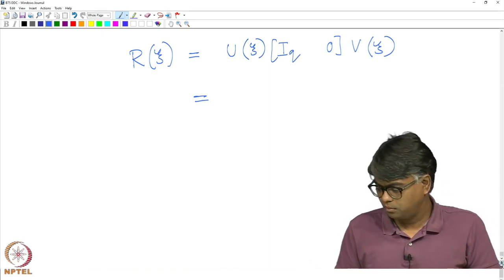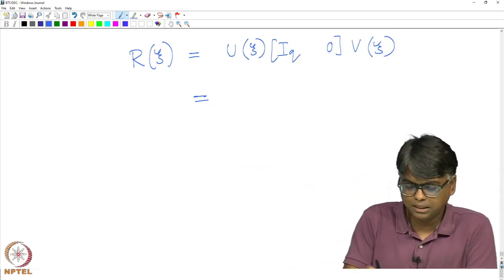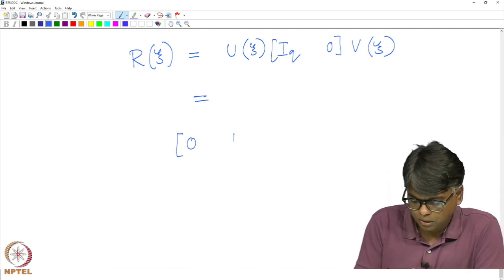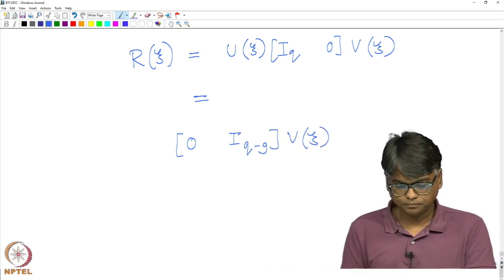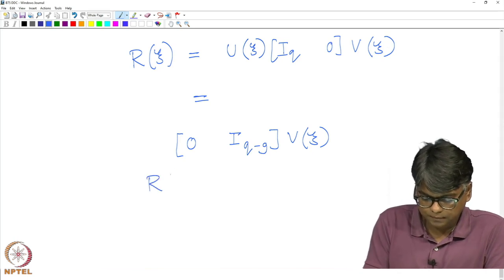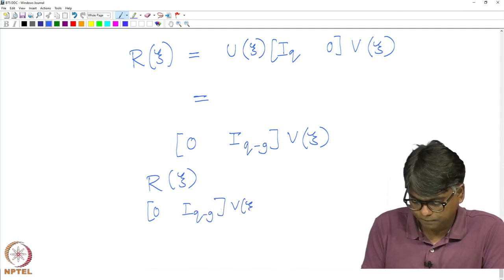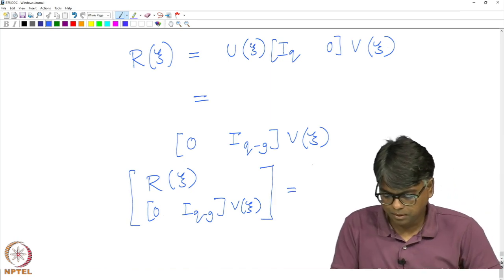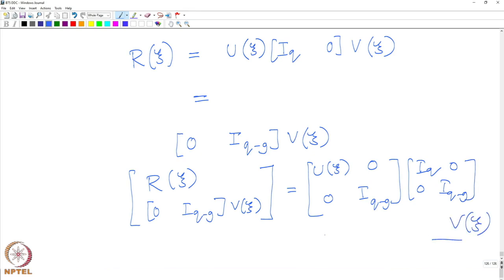If I just look at 0 I q minus g multiplied by V xi, and I take R xi and put below it 0 I q minus g acting on V xi, then this entire thing is nothing but U xi 0 0 identity of q minus g multiplying I q 0 0 I q minus g multiplying V xi, and this is a unimodular matrix. So that means this is a unimodular matrix.